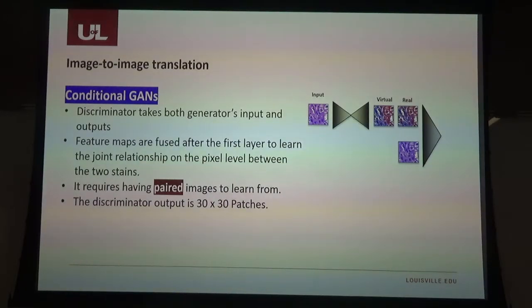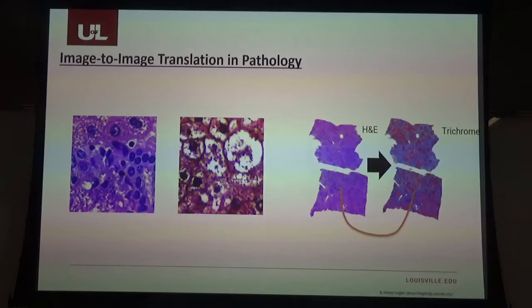So you can think of it like the discriminator here sees the difference between the input and the output of the generator, and takes the discrimination decision based on these differences. So that's actually the best method if we have paired images. Our first attempt was to try to implement this in the digital pathology domain.